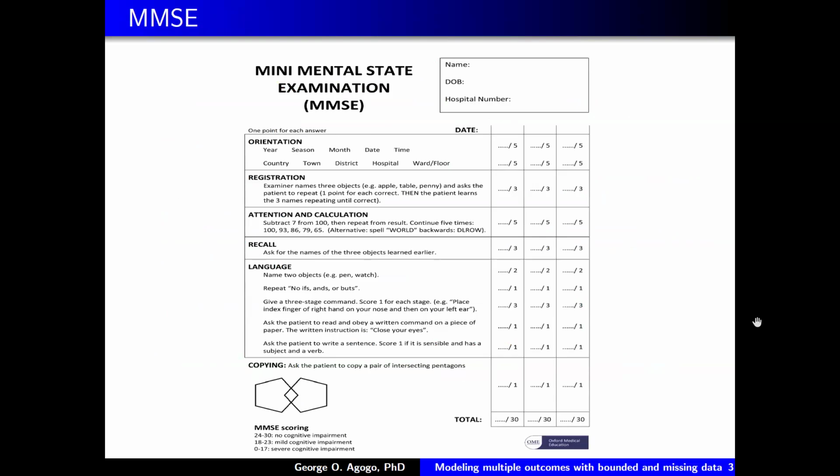Also the country, town where they live, the district, the hospital, and the ward. If they get all correct, 5 points. The same with the registration. You examine the names of 3 objects, and ask the patient to repeat. If they can repeat all those objects correctly, they get the maximum score. The same thing with attention and calculation.